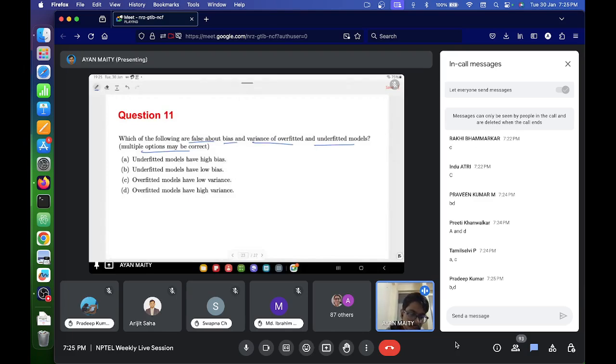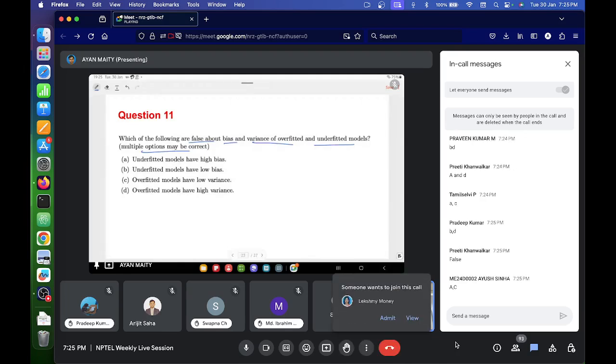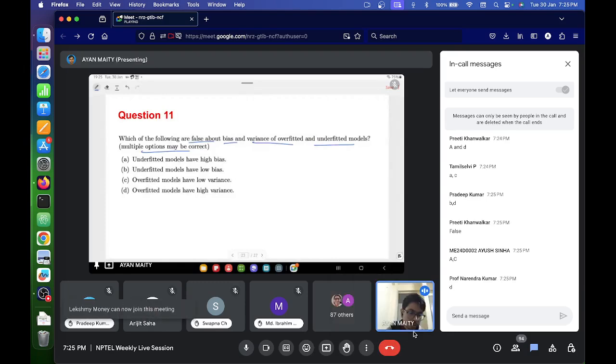Praveen Kumar is saying BD, Preeti is saying AD, Tamil Selvi is saying AC, Ayushina is saying AC, Preeti is saying BC, Shopna is saying BC.